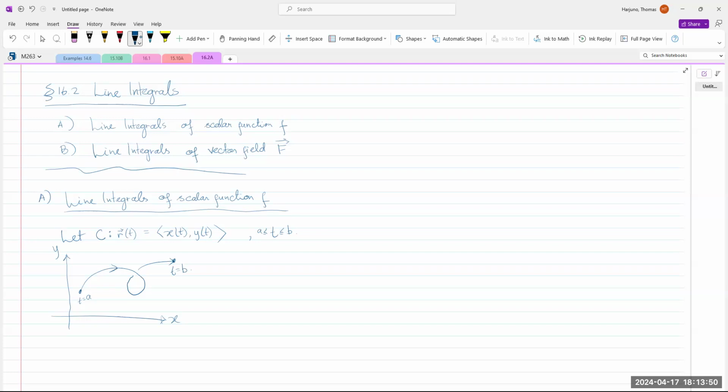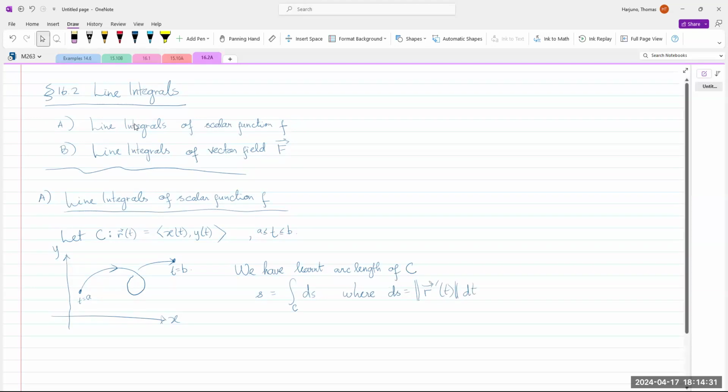Now, in the past, we have learned the arc length of curve C, which is given by s equals the integral over C of ds, where ds is actually the magnitude of r prime of t dt.